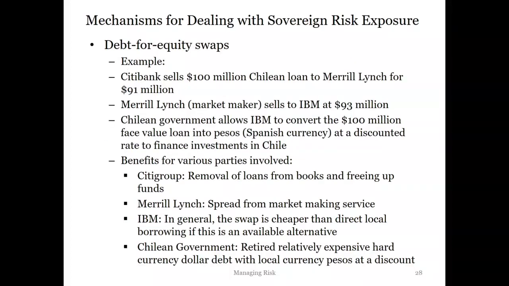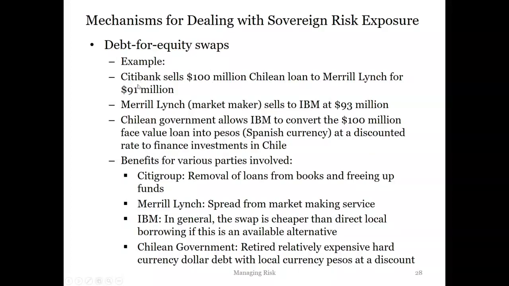They can also choose loan-for-equity swaps. There is a very famous example of how Citibank successfully converted their Chilean government loan into equity in IBM. There was a time when the Chilean government found difficulty paying 100 million worth of loans to Citibank.